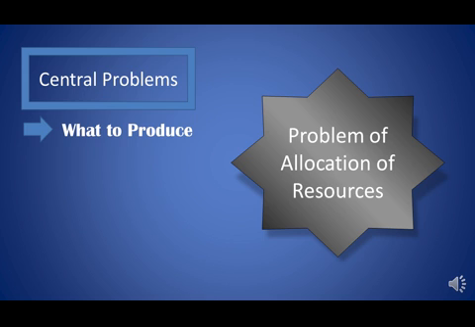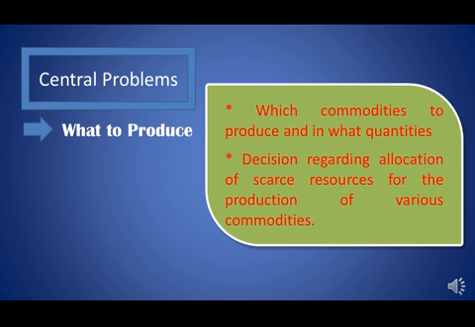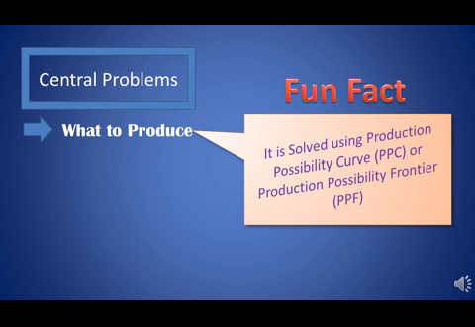The problem of what to produce relates to the problem of allocation of society's scarce resources. It relates with the decision of which commodities to produce and in what quantities. Decision regarding allocation of scarce resources for the production of various commodities is taken under this problem.